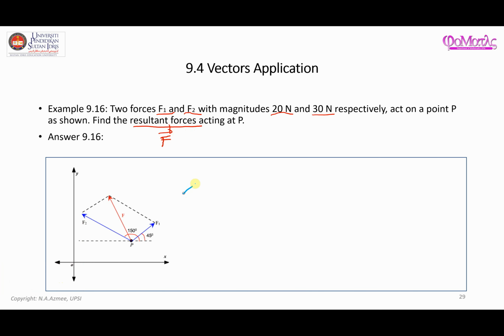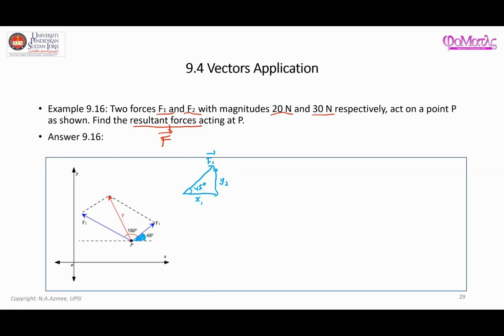According to this diagram, F1 is in this direction. This is vector F1. The X component is in this direction, and the Y component is going in this direction. This is x1 for F1, and this is y1, and the angle is 45 degrees.